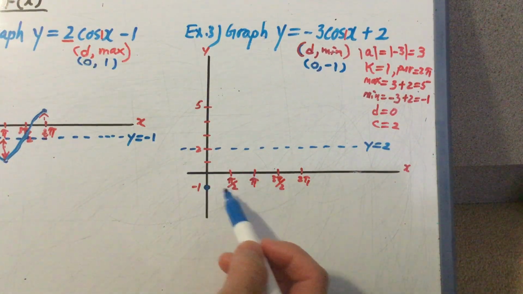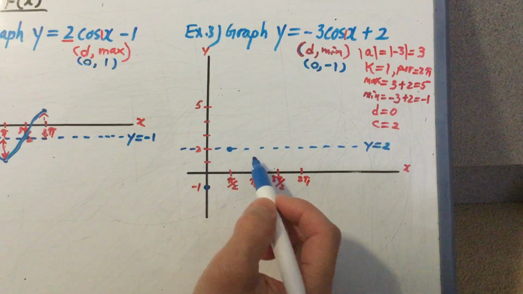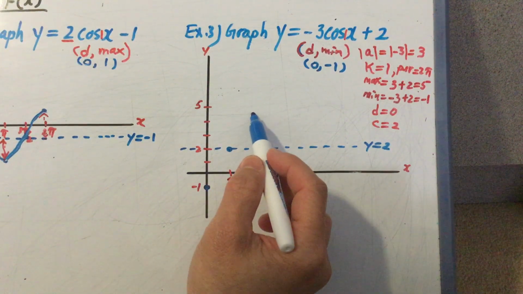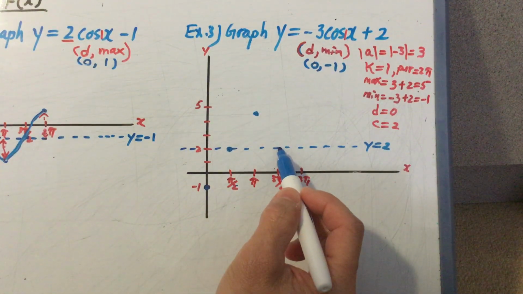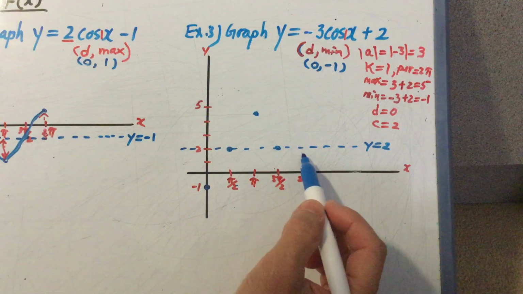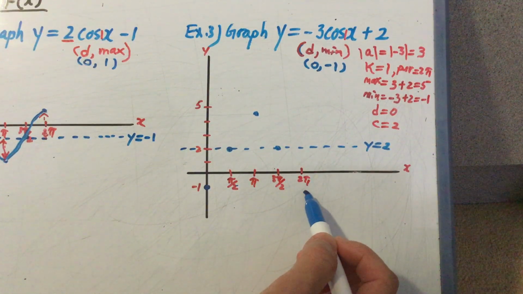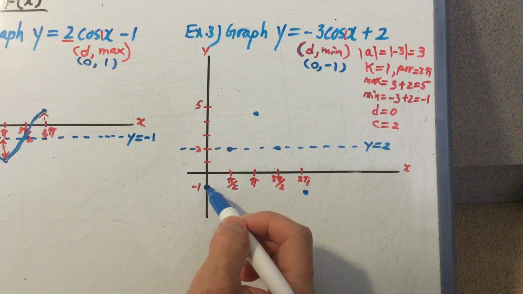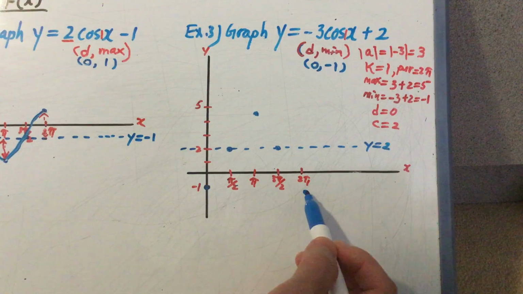Okay, so the first quarter, I'm going to the middle line. Second quarter, I'm going up to the maximum. And the third quarter, I'm down to the middle line, and the last quarter, I'm down to the minimum. So where I start is where I end, okay, for the cosine.